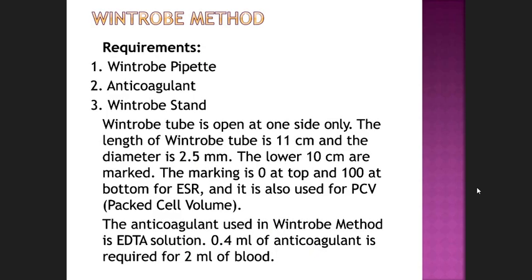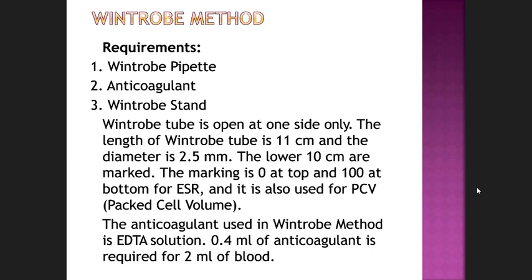Now Wintrobe has a different method, but again the same thing. We need a Wintrobe pipette, an anticoagulant, and a Wintrobe stand, just as with Westergren we need a Westergren pipette, anticoagulant, and stand. The names and some processes are different. The Wintrobe tube is open at one side only, as compared to the Westergren tube, which is open at both ends.